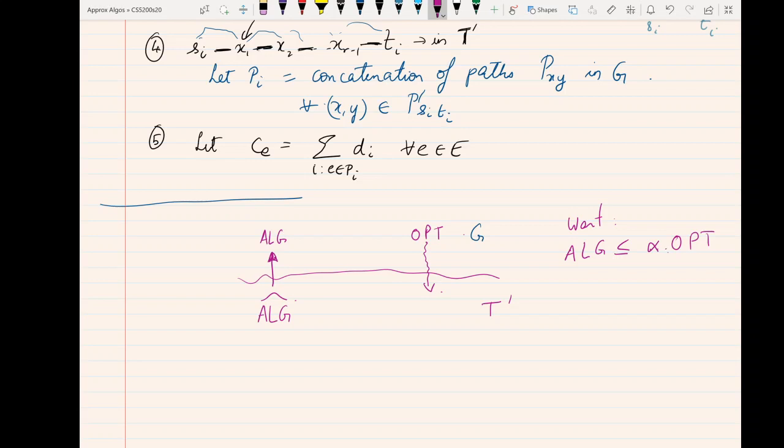Let me call this sol, which is the map or the mirror of opt in T prime. So if opt uses some paths, I will find some corresponding paths in T prime of comparable value. And we'll relate the value of sol back to opt in order to solve this problem.